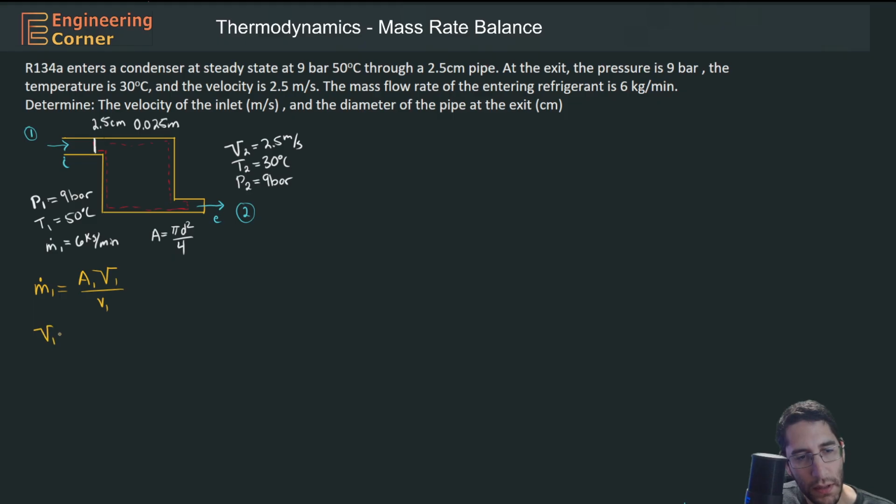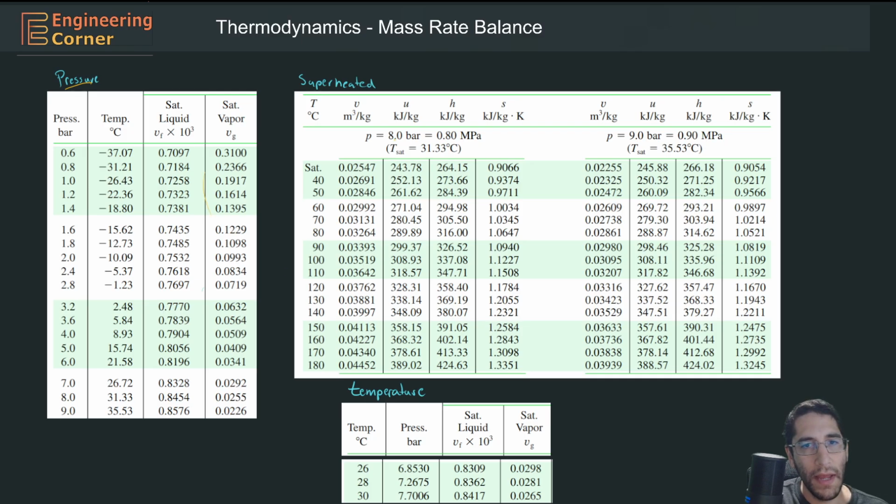So let's solve this for my velocity. So V1 is going to be equal to m dot 1 v1 over A1. And let's figure out what v1 is equal to. So at the entrance, we're at 9 bar, 50 degrees C. We need to go to our table, and we need to look at 9 bar, which is over here. We need to look at this saturated temperature.